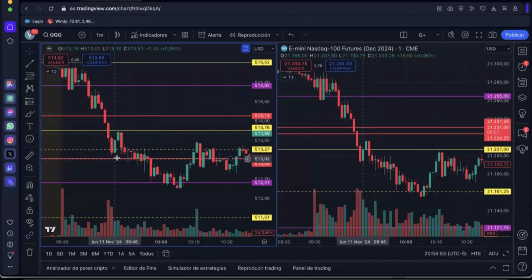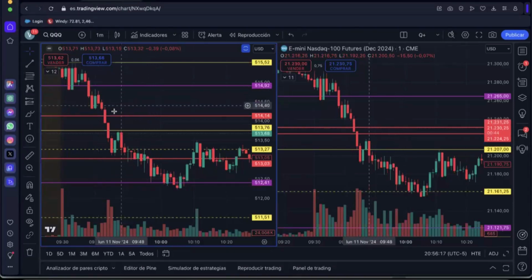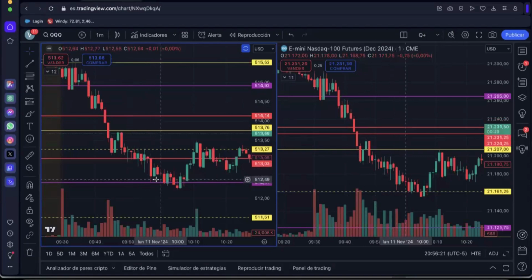Look what happened. It bounced, went back to the yellow 4-hour here, and it went down, breaking the red line again. What is my next target? Breaking this red line, what is next? Purple line, the daily one. You can see daily, daily, daily. That's already a big trade.